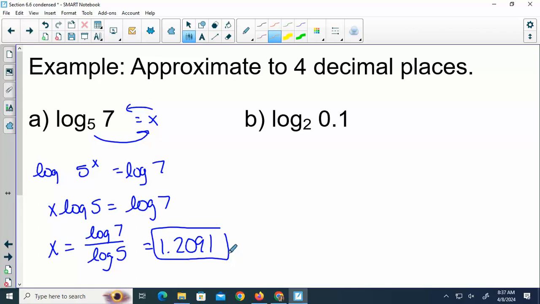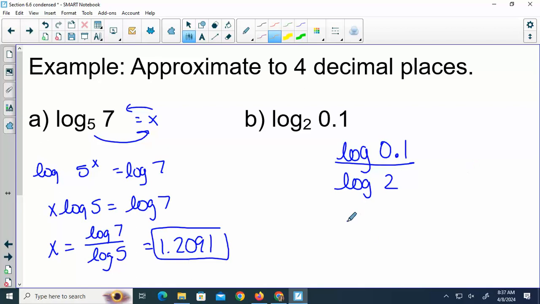If you remember the formula, there is a shorter option. So if you have log base 2 of 0.1, and you remember the formula is just log of the argument divided by log of the base, so log of the big number divided by log of the small number, you're welcome to just go straight there.